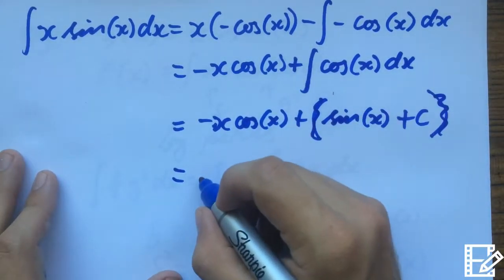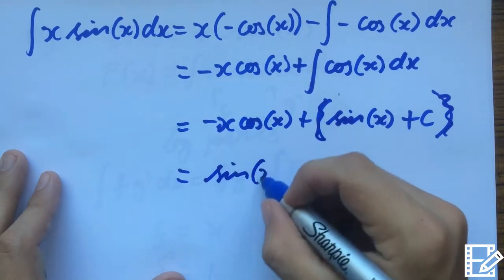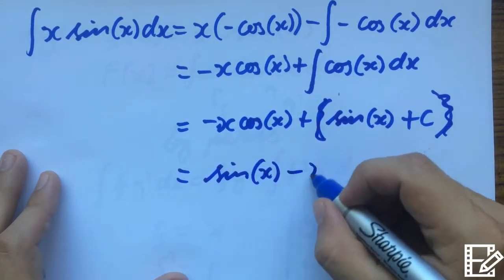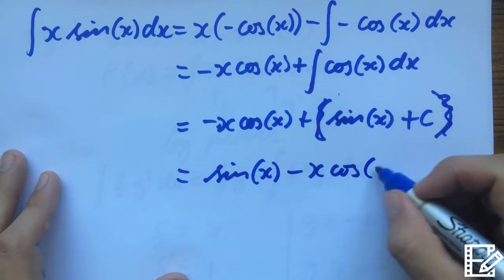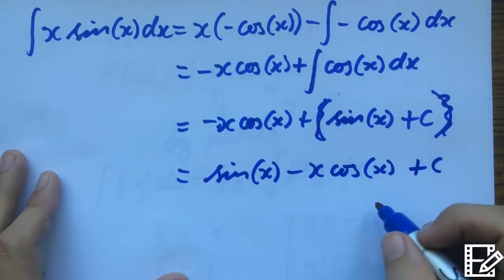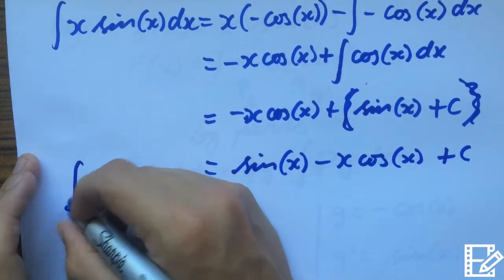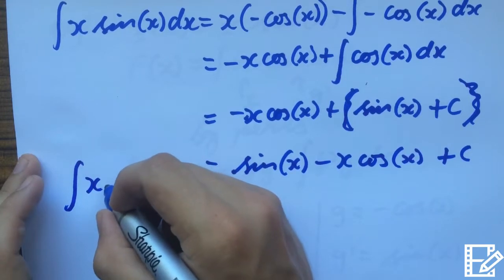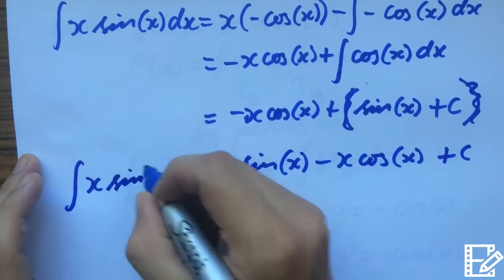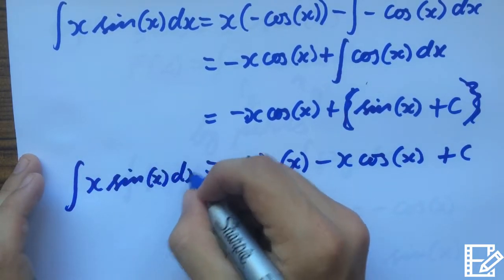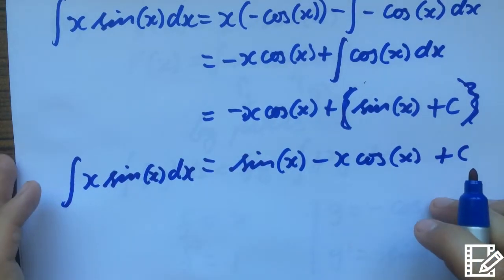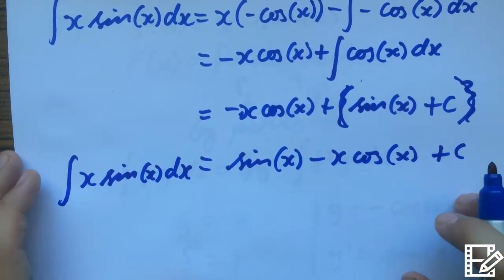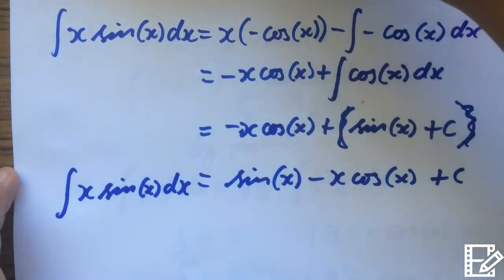I'm going to rewrite this so it looks like sine x minus x cos x plus c, and that is the answer to the integral of x multiplied by sine x. See, not so bad. Now for another example.